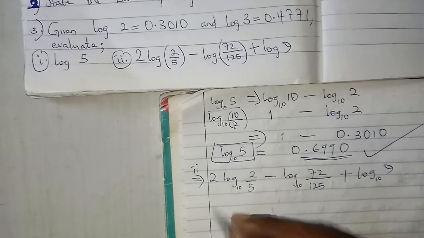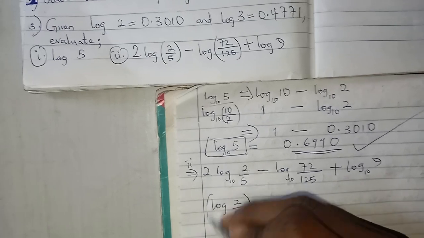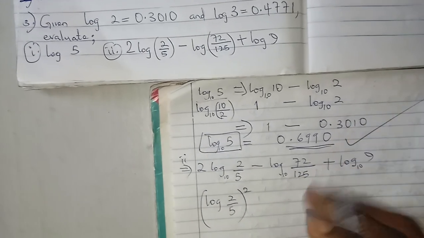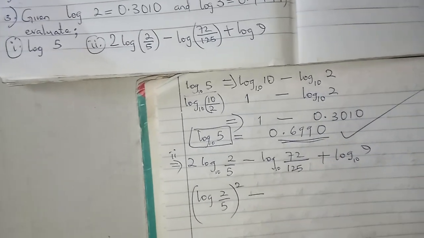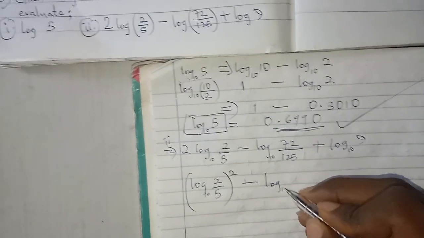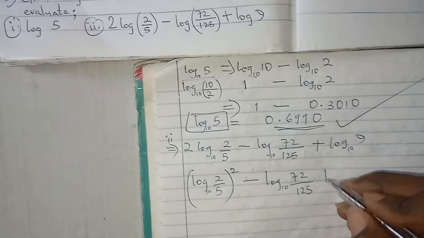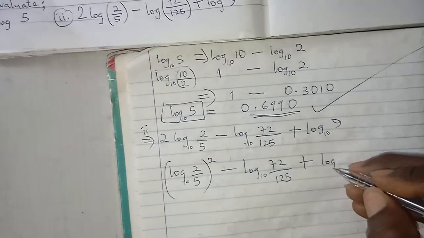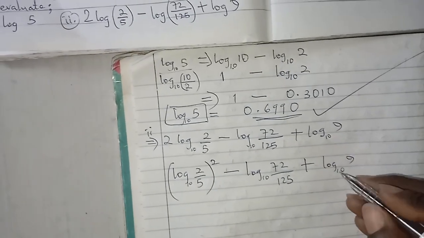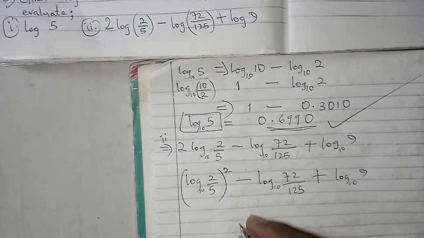Applying power law, this will be the same thing as saying log 2 over 5 raised to power 2 minus log 72 over 125 plus log 9 to base 10.